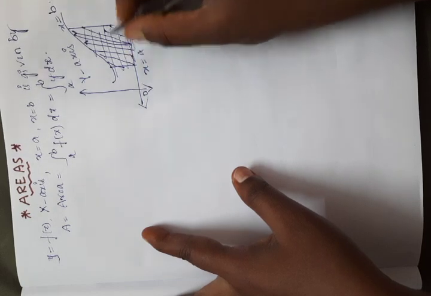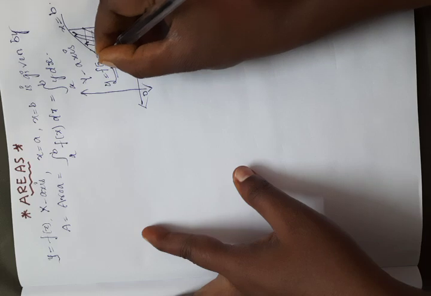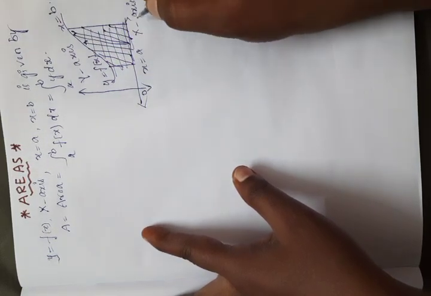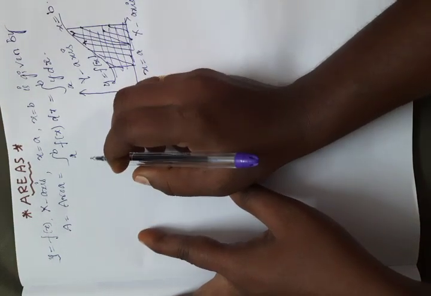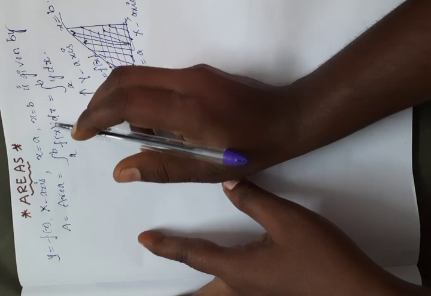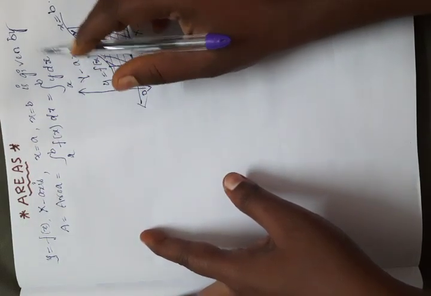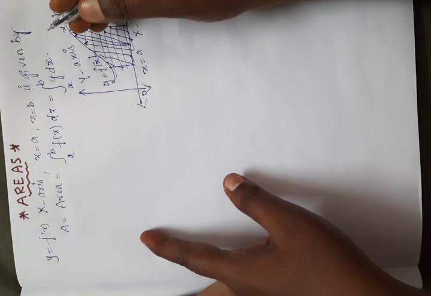So this is the area bounded by the curve y equal to f of x, x-axis, x equal to a, x equal to b, given by area A equal to integral over a to b f of x dx, or we can also write integral over a to b y dx. So this area is on positive x-axis.